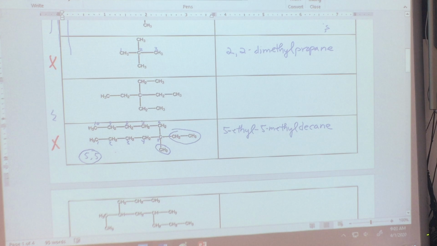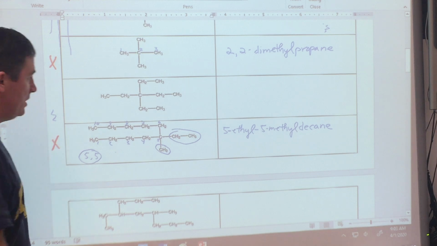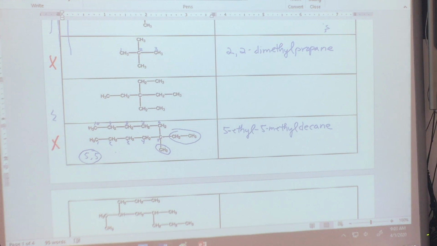There are only single bonds between the atoms here, so we have 5-ethyl-5-methyldecane. Okay? Now let's try to name a couple.